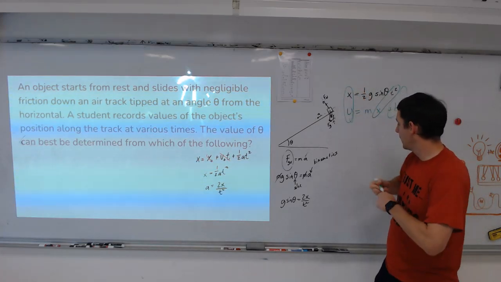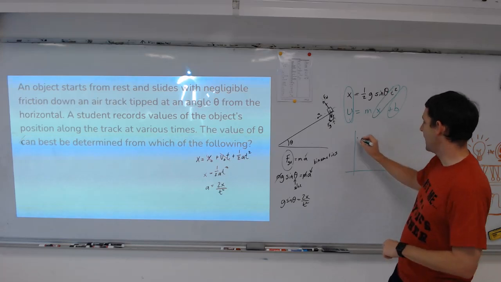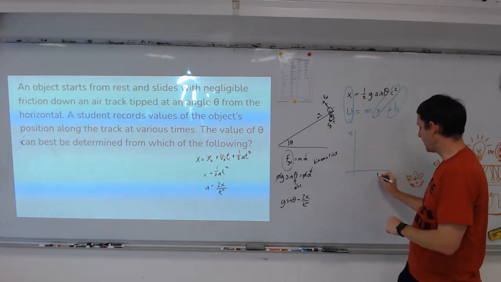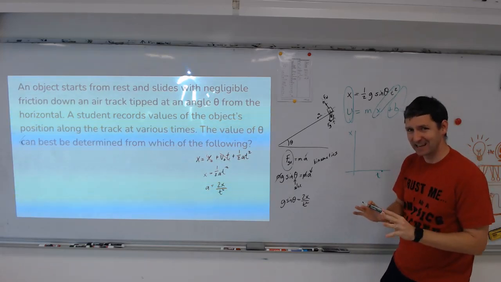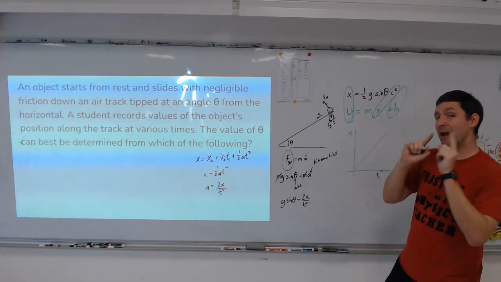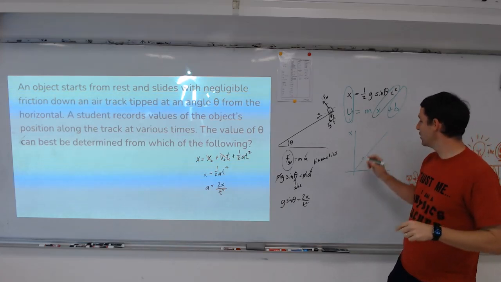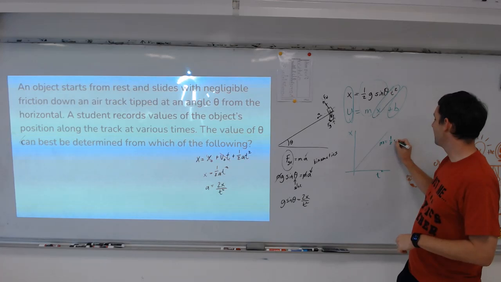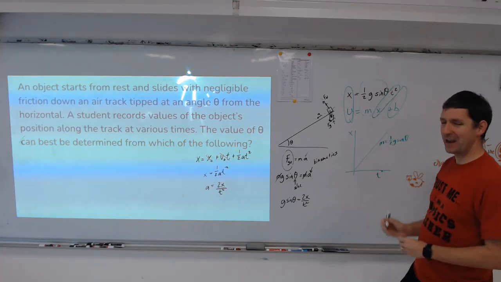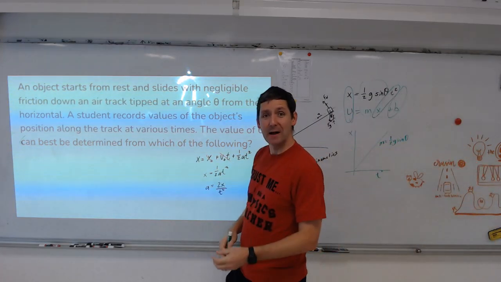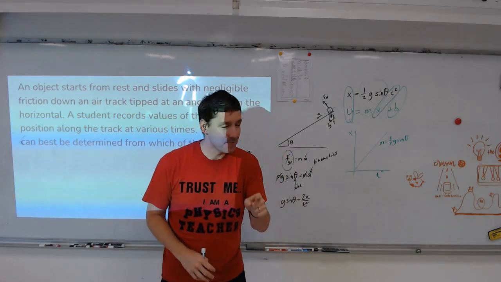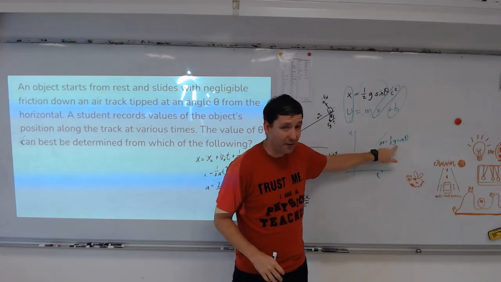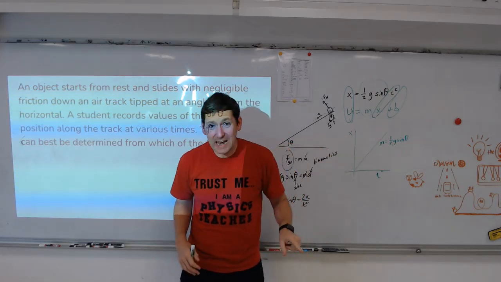If I put a graph that has x on the y-axis and t squared on the x-axis, then I will get a straight line. And the straight line will have a slope that is equal to 1/2 g sine theta. Holy smokes, by getting the slope of that line, I can solve for theta, because I know 1/2, I know g, right?